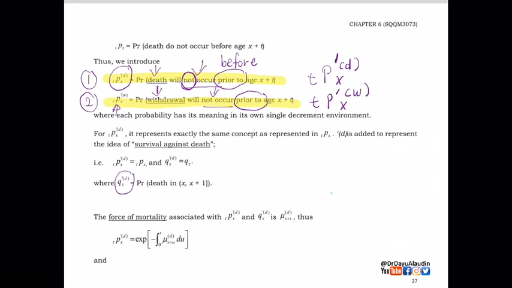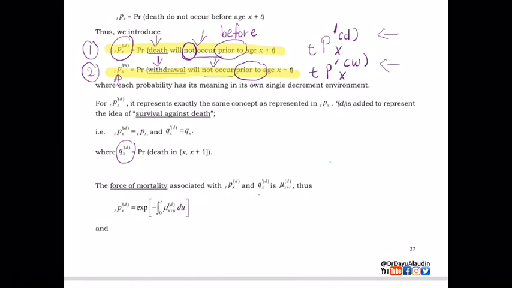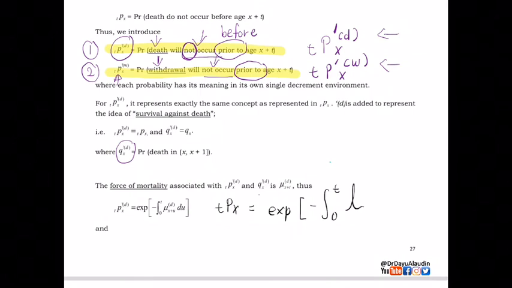Still the same thing, but this time we use different terms and different notation. Okay, so remember tPx. Recap, tPx is equal to exponential of minus the integral from 0 to t of mu x plus u du.